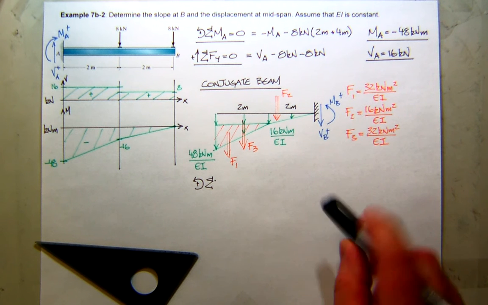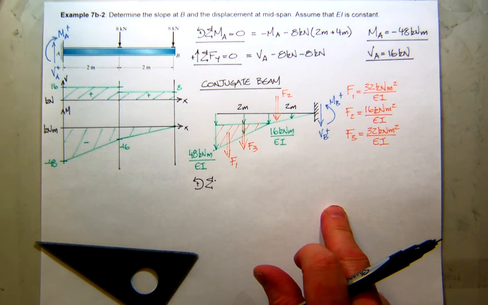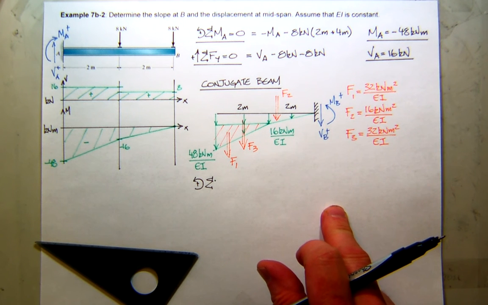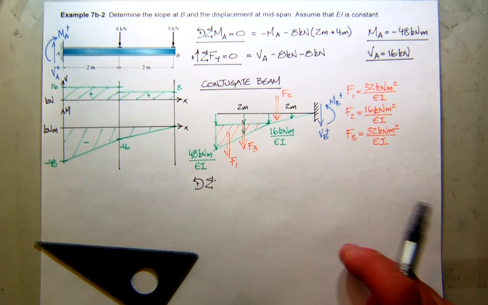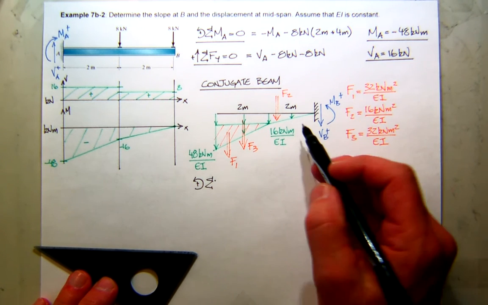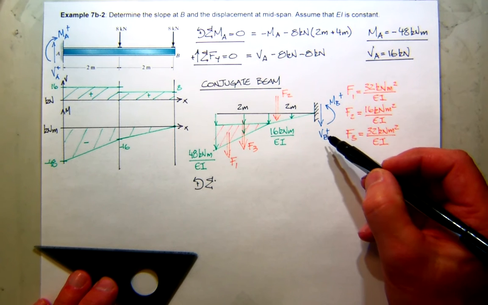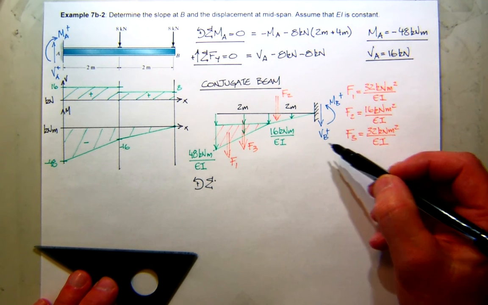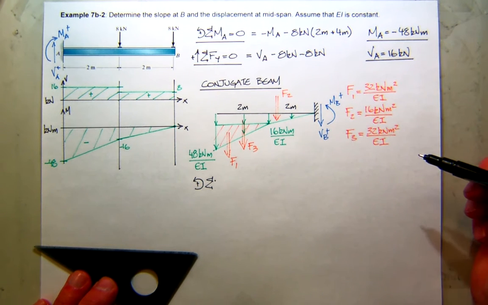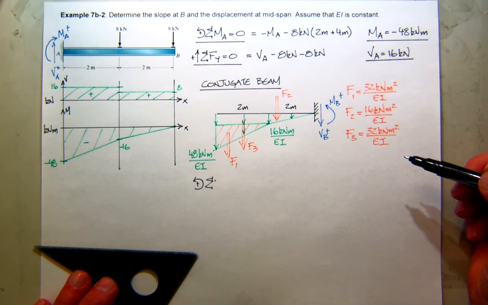You know what I think I'll do is I'll go ahead and work this out, and I'll post the solution so you can see it. Let's just talk about it for a second. It shouldn't be too hard to find the moment. Right now, I could just sum all these forces and find the shear, right? What would that be? You add those together, it comes out to be exactly 80.